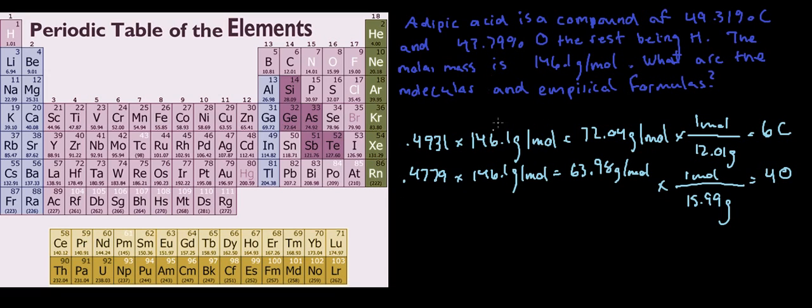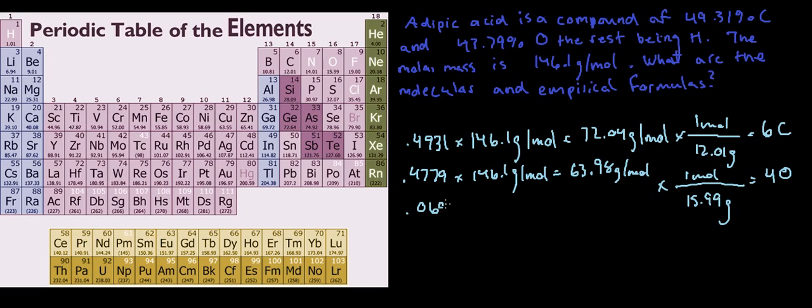And then for the hydrogen, I add both of these together, 47.79 and 49.31, and then I subtract that value from 100, and it will give me the percentage of hydrogen, which is 6.9.